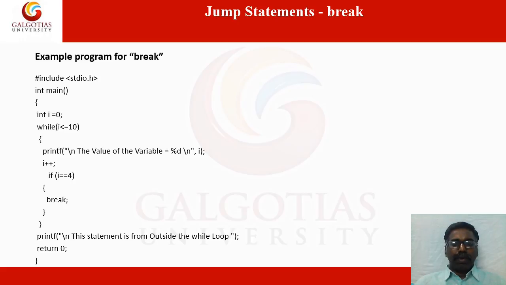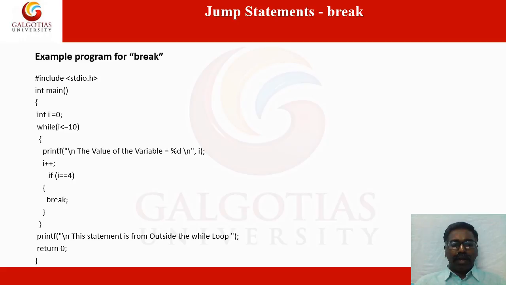The next statement we are going to discuss in the jump statements is break. Once the break statement is encountered, it is going to break the current loop. Here in the main, we have i equal to 0, and until i is less than or equal to 10, the while loop is going to execute. The value of the variable is displayed here, and then we have i plus plus, the increment operator.